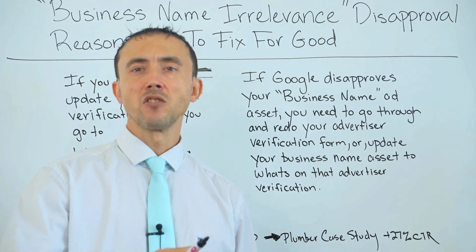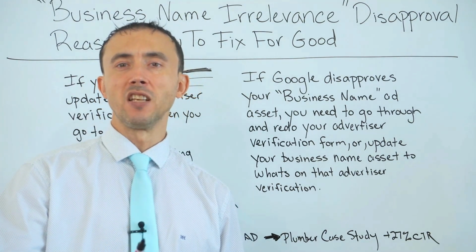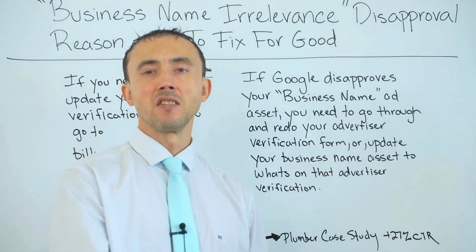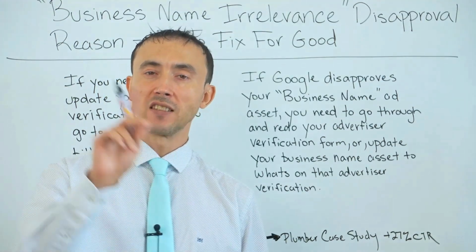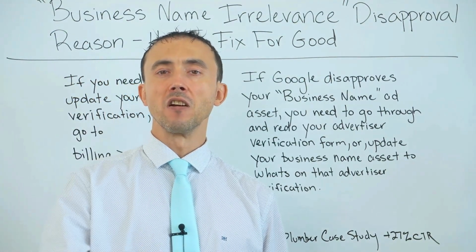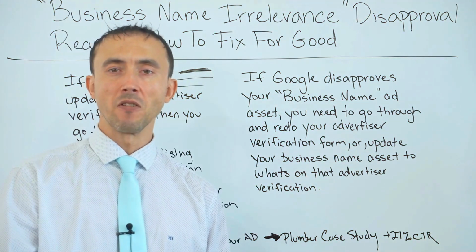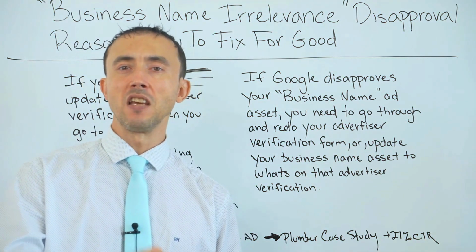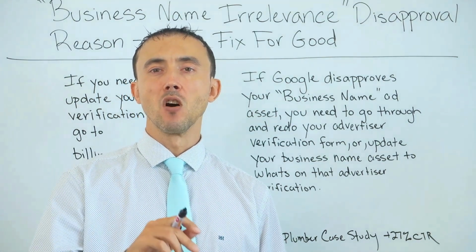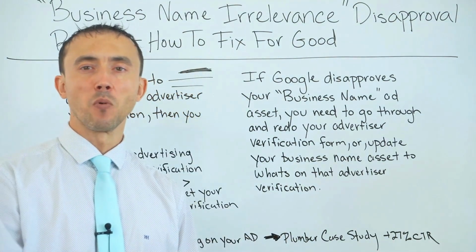Because we've actually seen before where we're getting double-digit increases in click-through rate routinely by having the business name asset set up right. When I say right, I'm going to tell you how specifically right by the end of the video here, and approved for your business. So you want to make sure you definitely do this, because throwing away that extra money for something so simple is just beyond stupid to do. So I will go into detail on these points here.